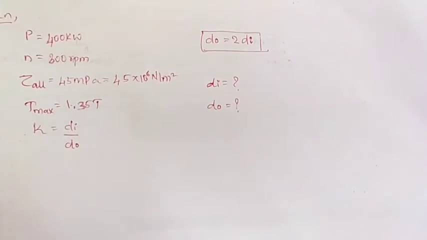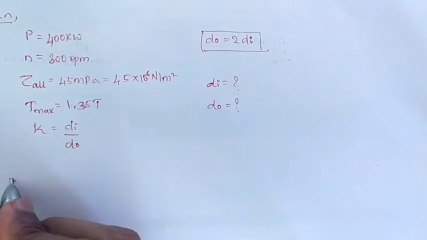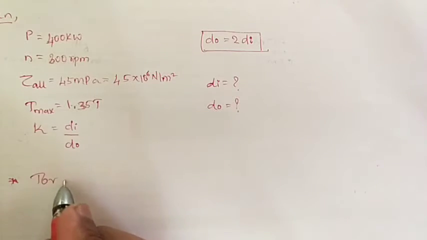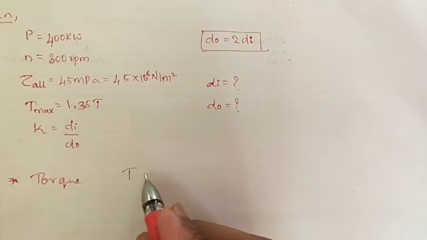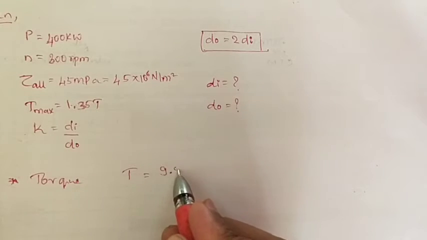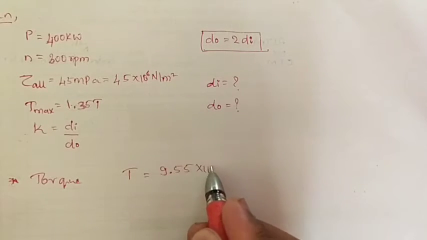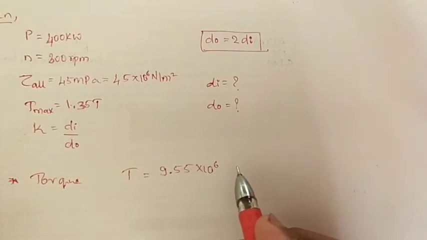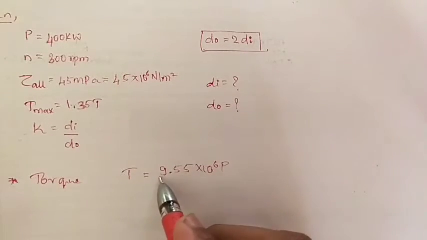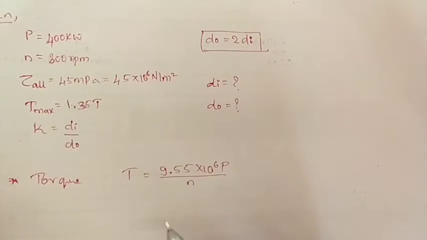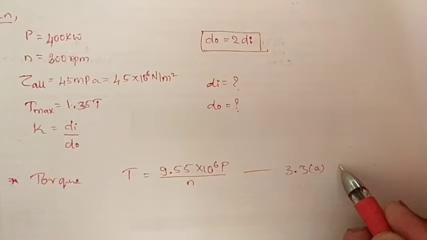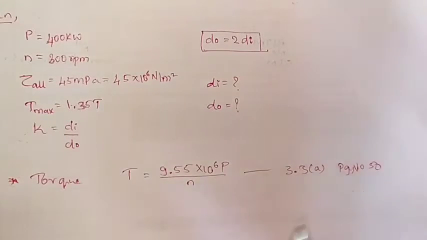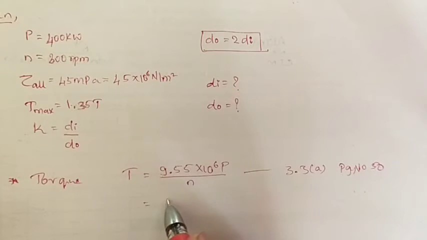What all formulas will we be using? First and foremost, you should find the torque. For finding torque, which formula do I use from the data handbook? Just substitute the values.